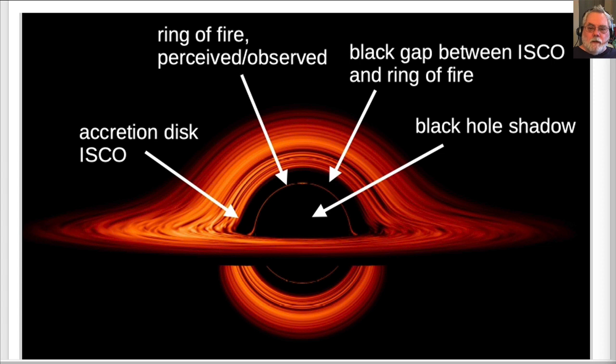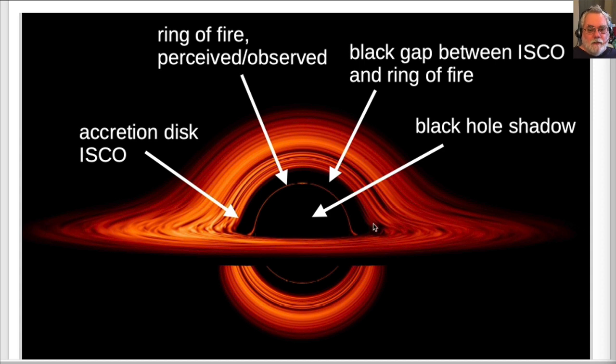All circular circumferential light orbits are possible in the ring of fire for an accretion disk feeding a non-rotating black hole. So photons are always available to escape and spiral and curve to present a perceived circular ring for any observer observing from any direction, I believe.